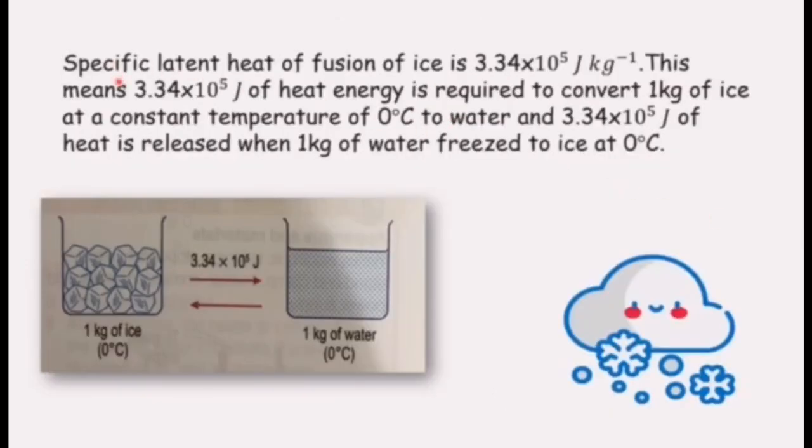Next, let's look at this. Specific latent heat of fusion of ice is 3.34 × 10^5 J kg^-1.